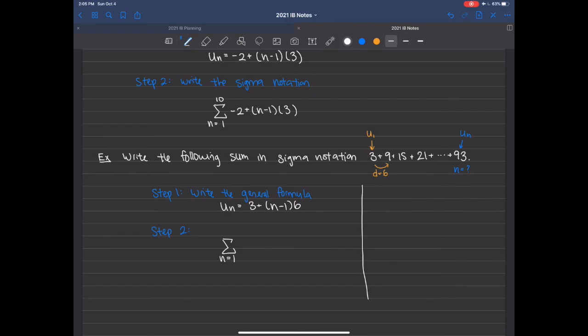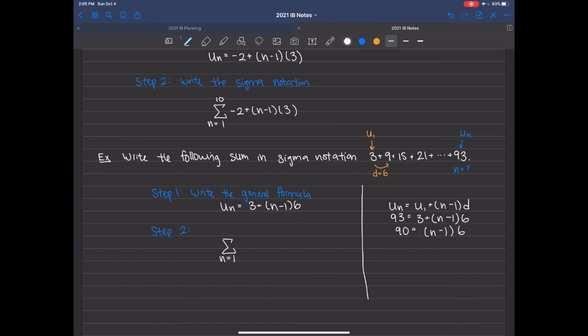So using the arithmetic sequence formula, let's plug in 93 for u sub n. And now we have an equation that will allow us to solve for n. So that gives us 90 is equal to n minus 1 times 6.